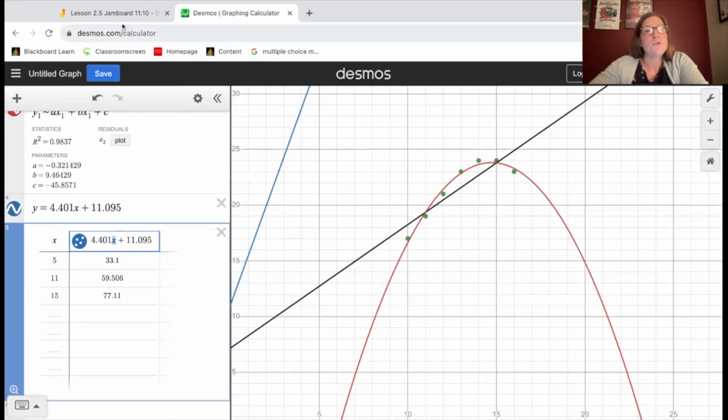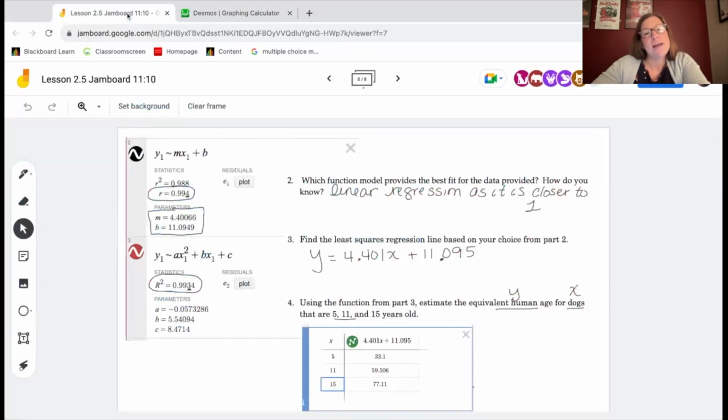The downfall of using the table feature here is that we are able to substitute x in to give us the y, but we can't go backwards. So I can't put a value in here, a human age of 40, and find out what the dog year is. The table doesn't go backwards.